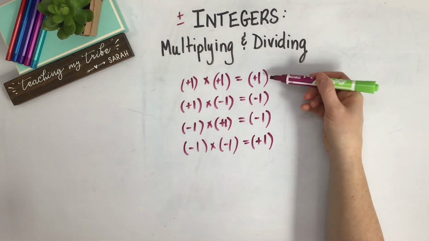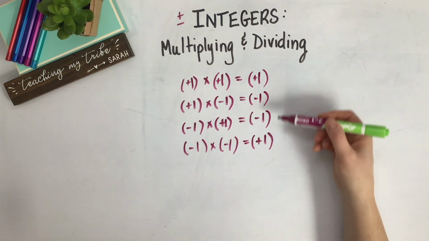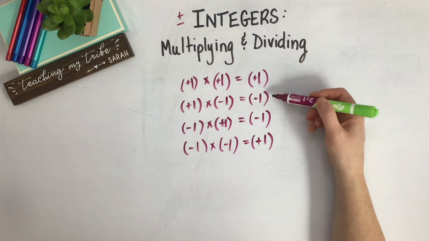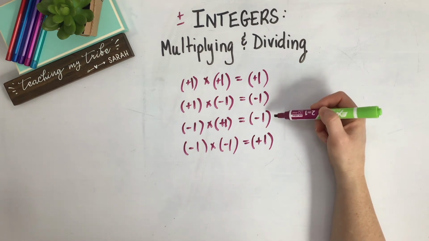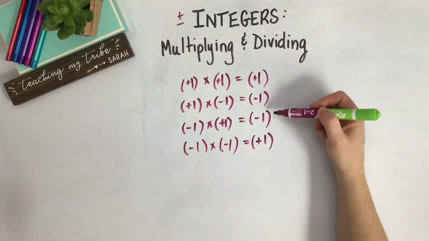So when I have two positives being multiplied or divided, it will give me a positive every time. If I have two negatives being multiplied or divided, it will give me a positive every time. If I have one of each, one positive and one negative being multiplied or divided together, my product or quotient will be negative.